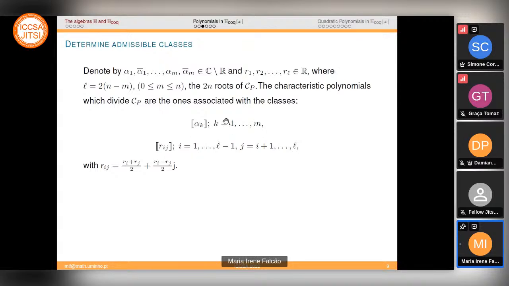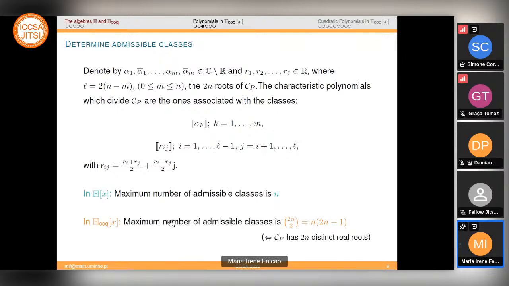This means that if there are zeros, the zeros are in one of these classes. If you count the classes, you come to the conclusion that the maximum number of admissible classes is n times 2n minus 1, as Ricardo said in the previous talk. In the case of the quaternionic polynomials, the maximum number of admissible classes is n.